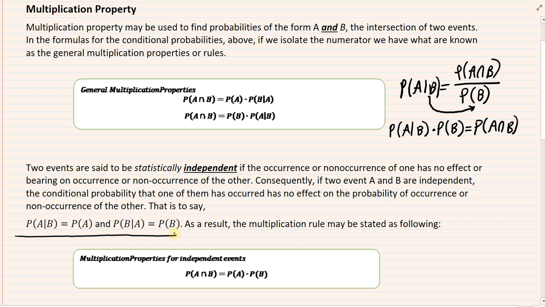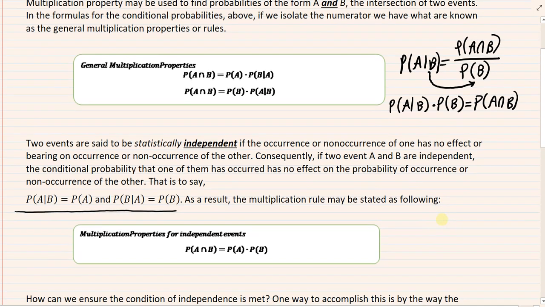I have also written this down here. Both of these are a result of the multiplication rule. If statistical independence does hold, that means the occurrence or non-occurrence of one does not affect the other. That means probability of A given B should equal probability of just A. The given part, given B has occurred, bears no weight on probability of A. It really doesn't change it.